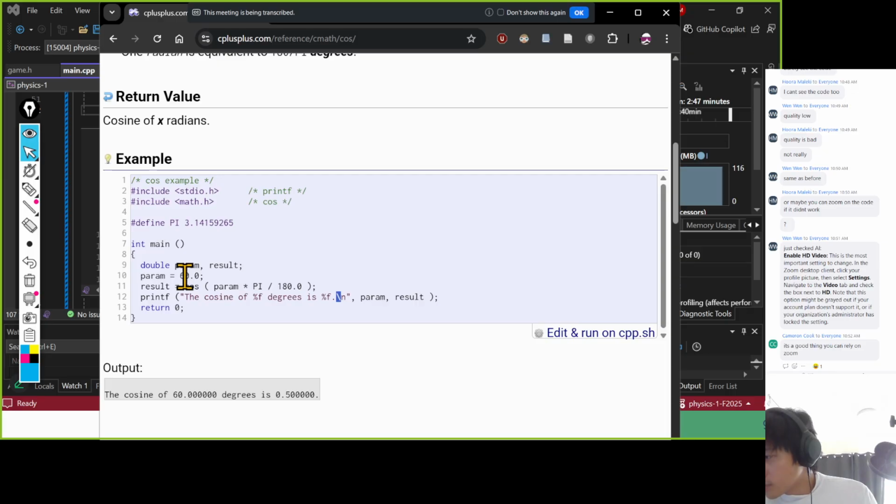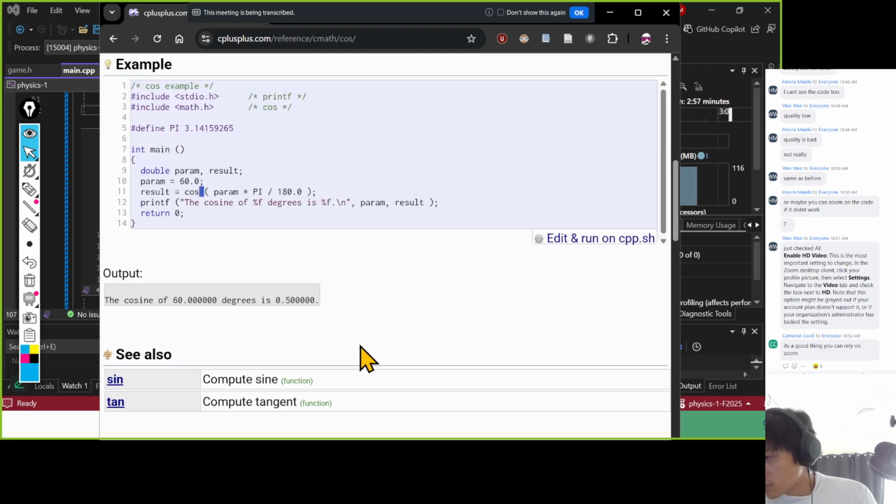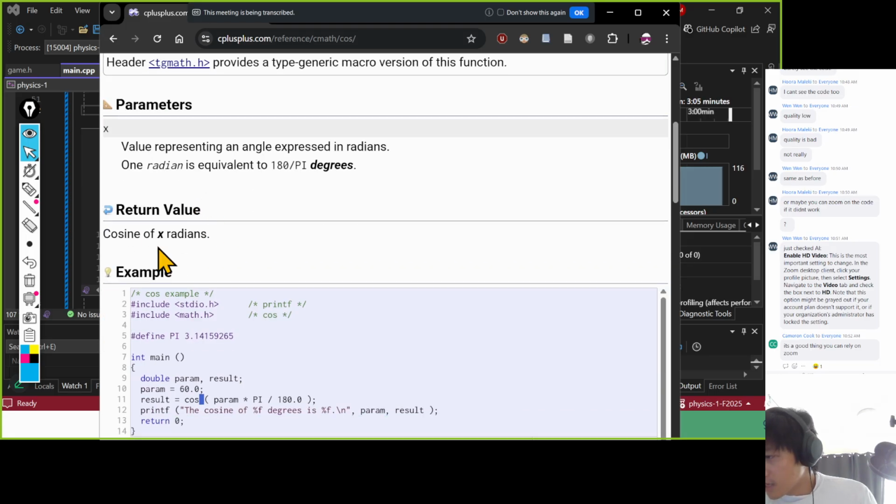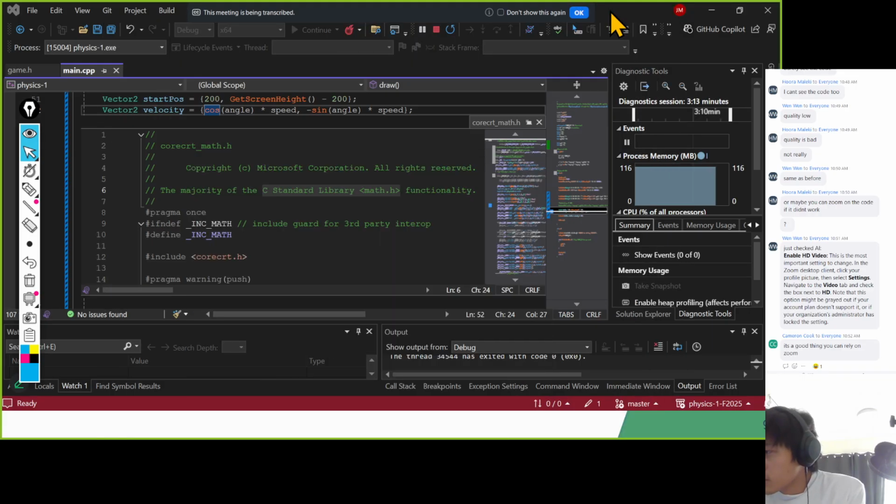And what did they do? They took 60 degrees and multiplied it by pi over 180 before sticking it into cos, because the cosine function here takes radians. So if we want to give it degrees, we need to convert those degrees into radians first.